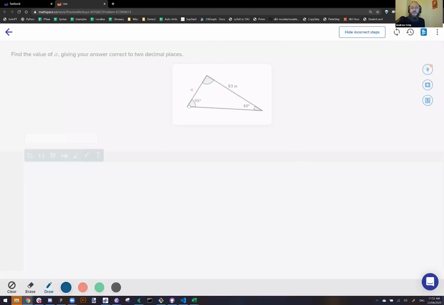So just like before, I can match them up. This side matches with this angle, and this side, I'm in a new color for that one. So we've got the side here matching with the opposite angle over there. And we have this side matching with this angle over here. And now we can write the ratio that we're interested in.